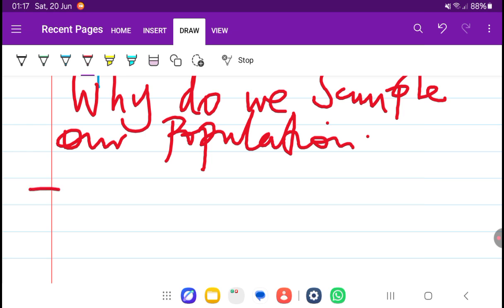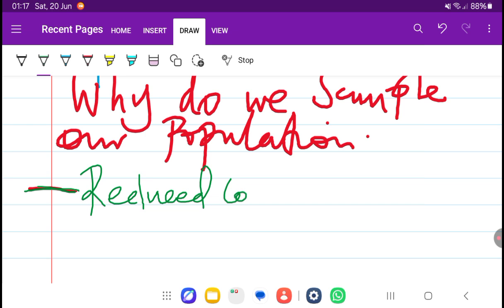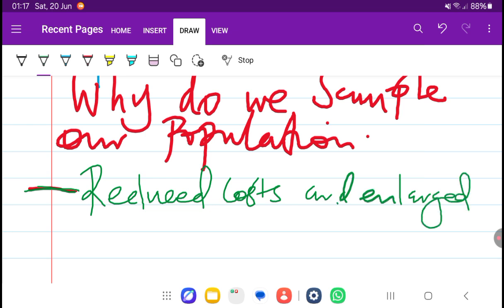Of course, one of them is that we will have reduced costs and enlarged scope.